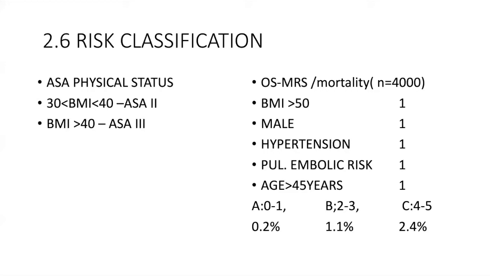But there is another risk, the obesity surgery mortality risk score, validated in a 4,000 patient study. As you see, BMI more than 50, male, hypertension, pulmonary embolic risk, and age more than 45 years are 1 point each. So if it is more than 4, the mortality is 2.5 or something.